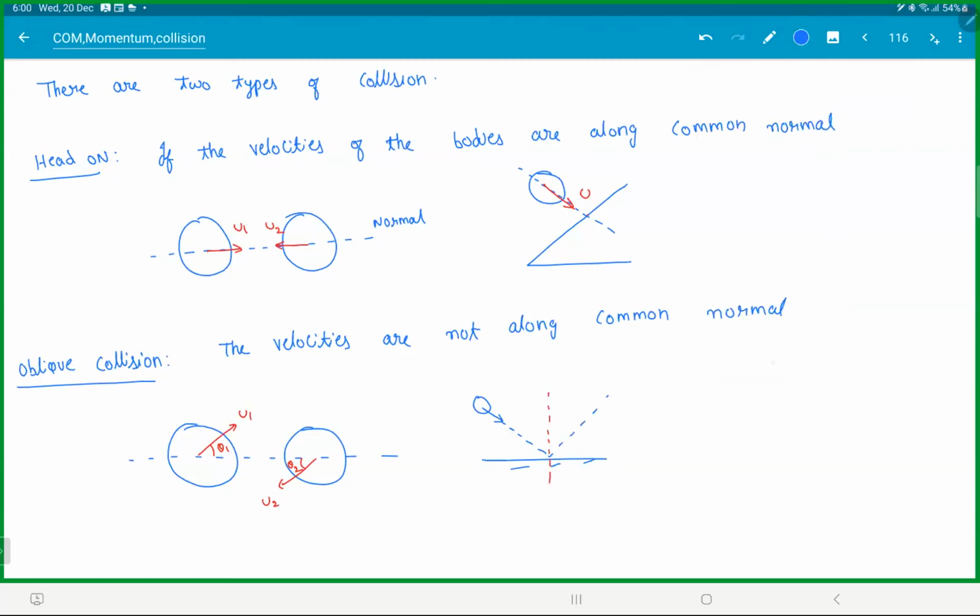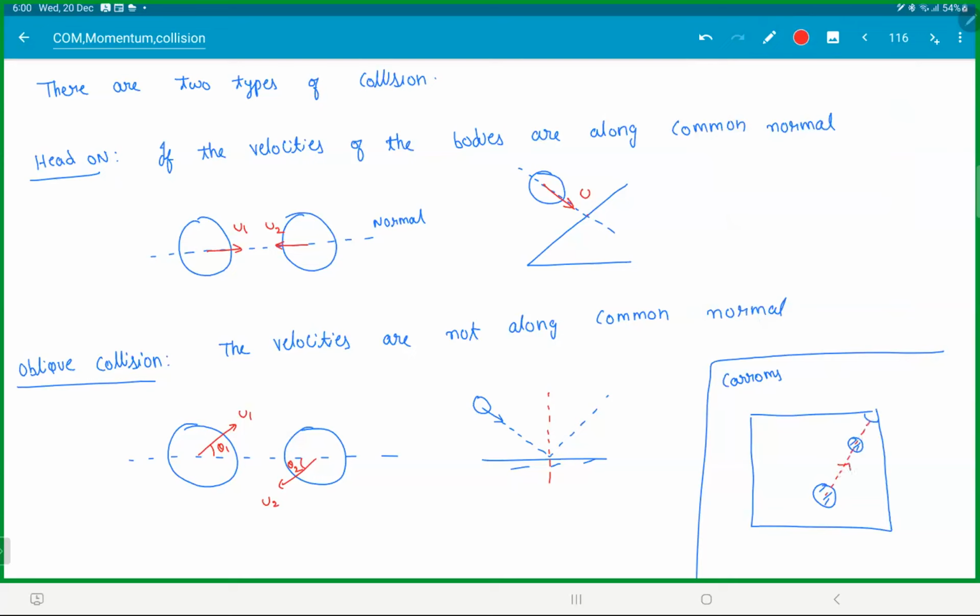Just to give an example, during carroms, right? If you have a coin here and you have this striker here, remember we say sure shot coin.